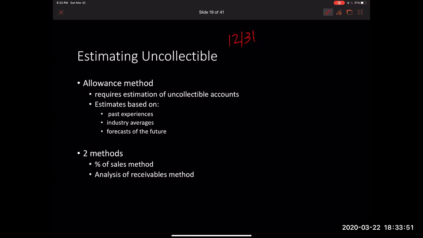Just to recall your memory, when we're doing that adjusting entry on 12/31, no matter which method we use, so we'll go into that in a second, the journal entry or the template remains the same, regardless of method.